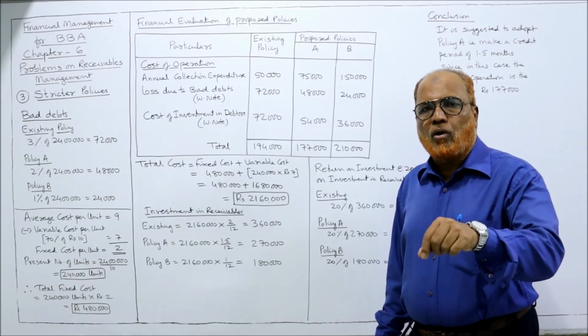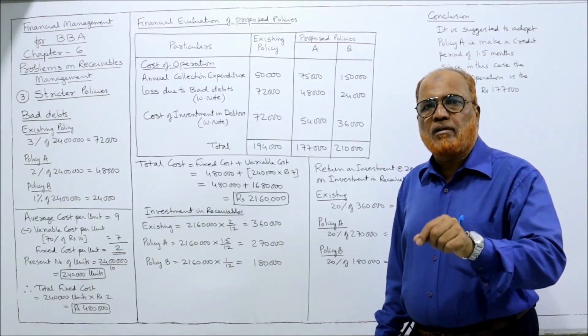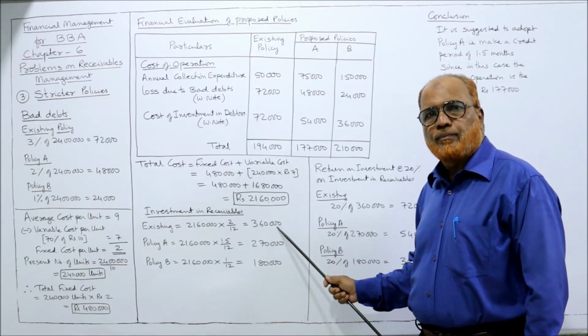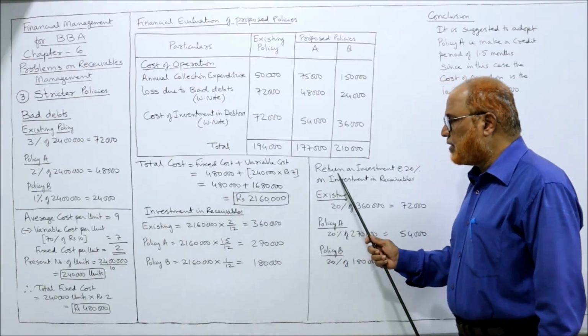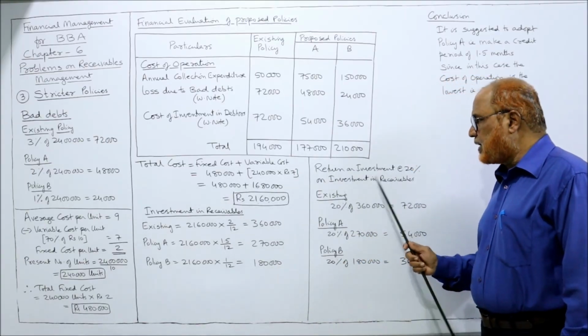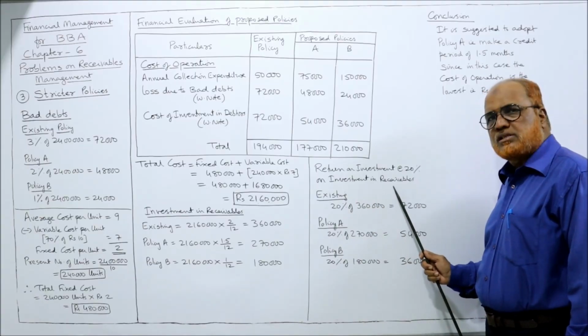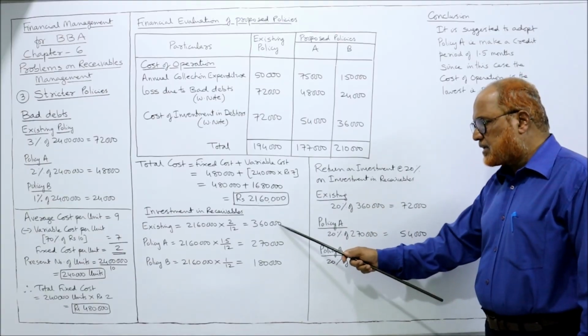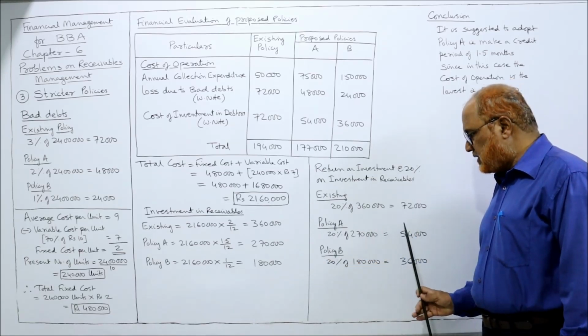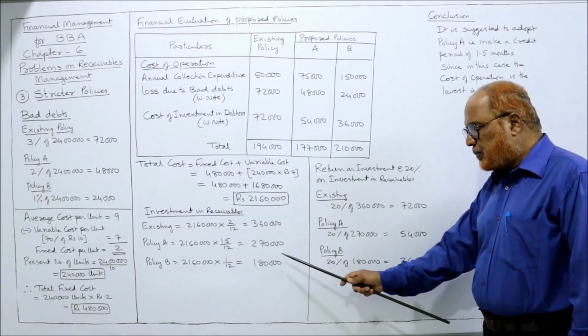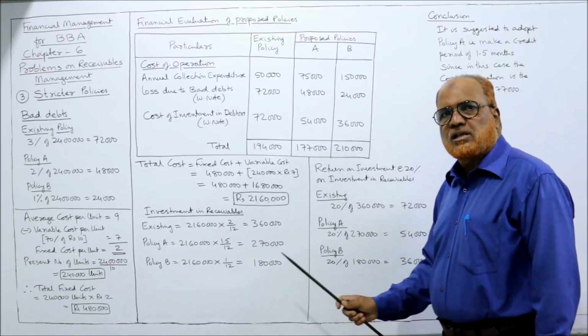Now the company wants 20% return on this investment. So calculate 20% of these amounts. So here I have calculated a return on investment at the rate of 20% on investment in receivables. So 20% of 3,60,000, 72,000. 20% of 2,70,000, 54,000. 20% of 1,80,000, 36,000.